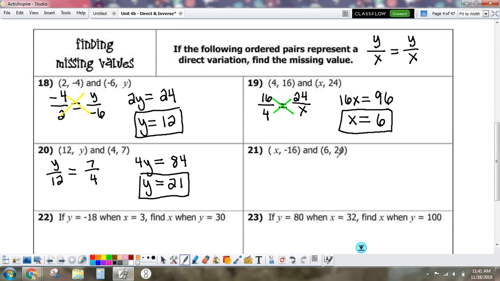For 21, setting up our y over our x equals our y over our x. Cross multiply, 24x equals negative 16 times 6. Negative 16 times 6 is negative 96. Divide both sides by 24, and you will get a negative 4.